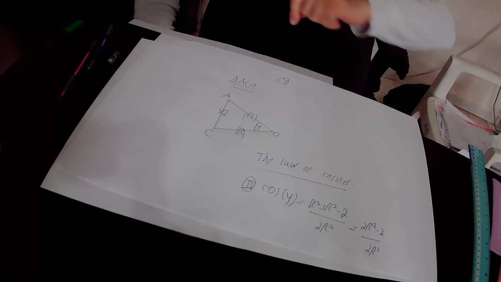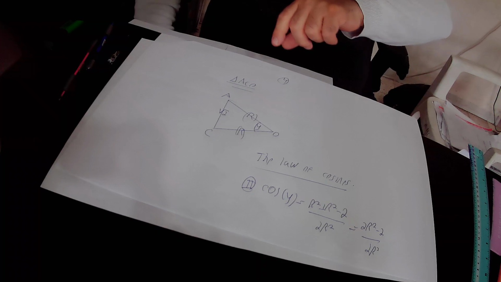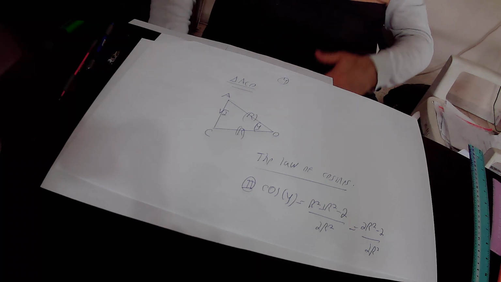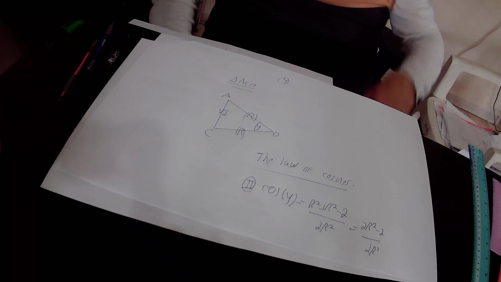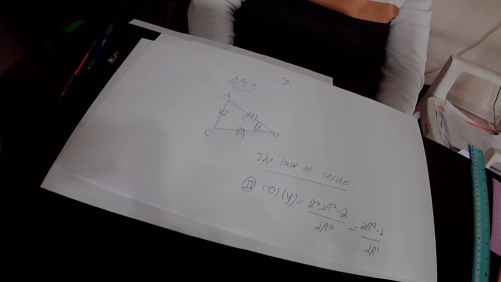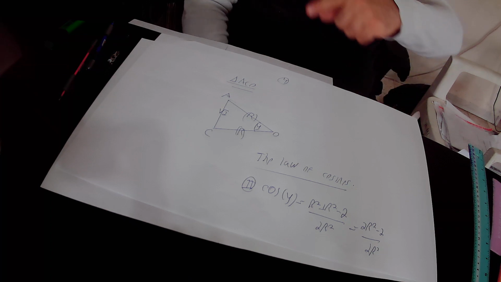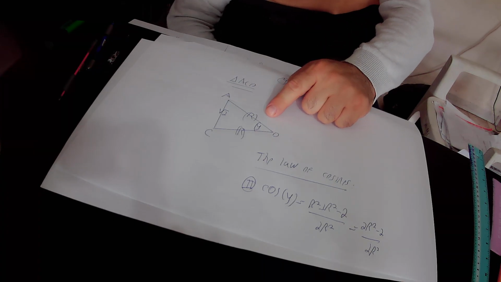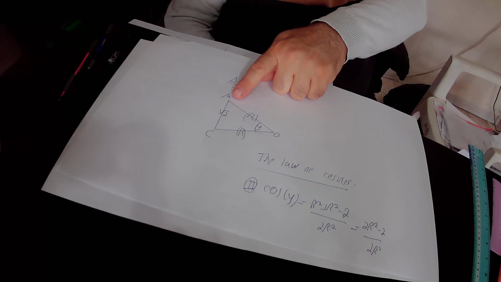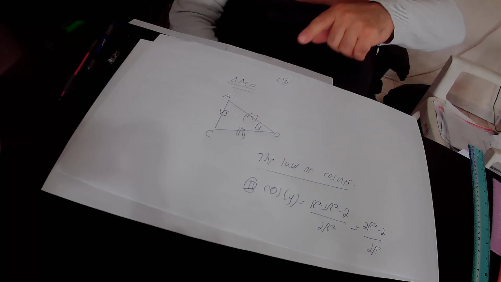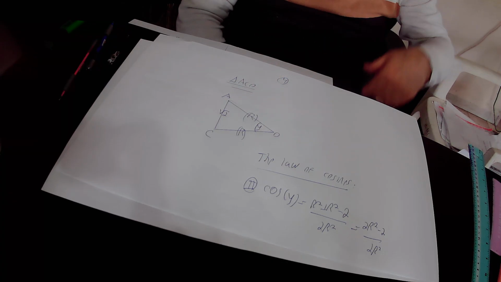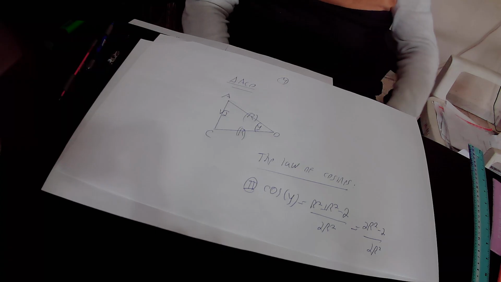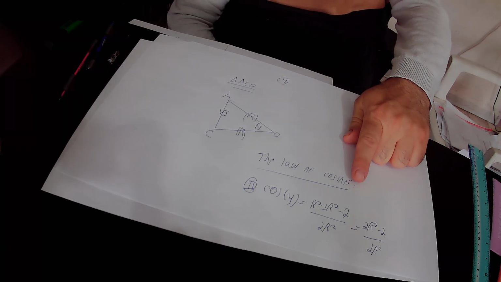OA and OC are both radii of the circle, so each equals R, and AC equals the square root of 2. According to the law of cosines in this triangle AOC, cosine y equals r squared plus r squared minus square root of 2 squared, that is 2, over 2 r squared. So r squared plus r squared is 2r squared minus 2.